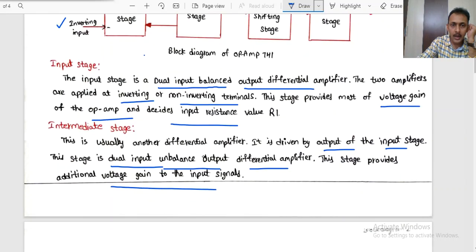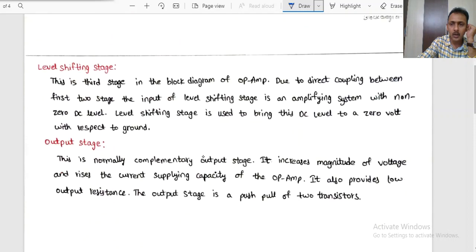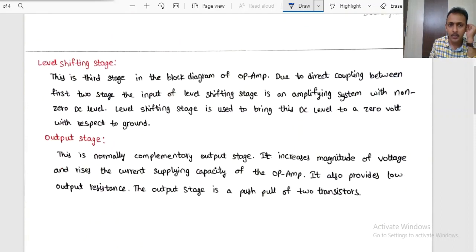Coming to the level shifting stage, this is needed due to the direct coupling between the first two stages. The input of the level shifting stage is nothing but an amplifying system with a non-zero level.